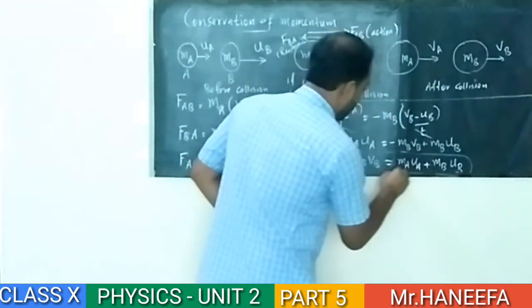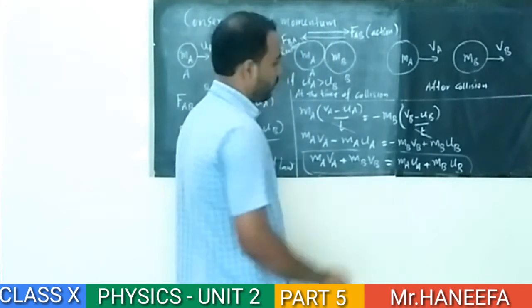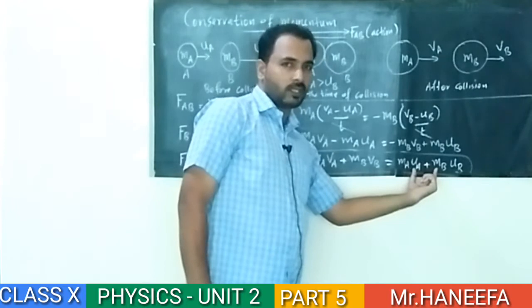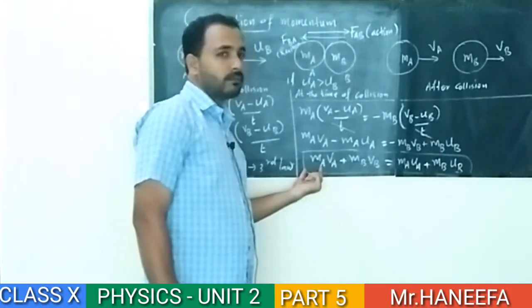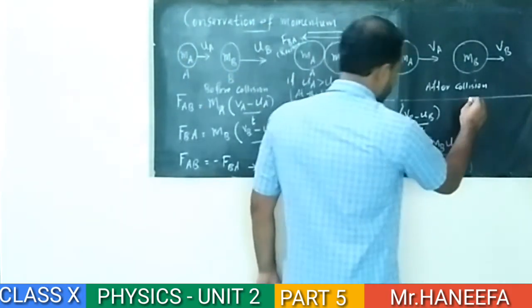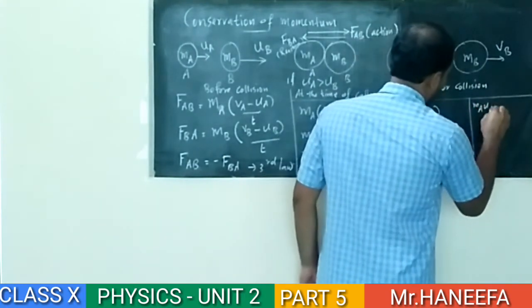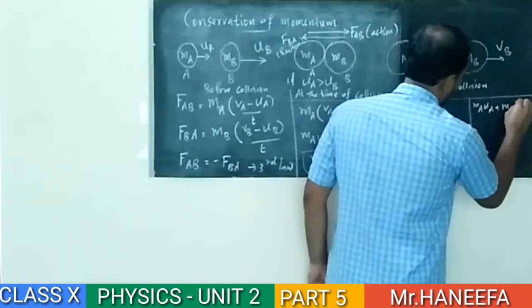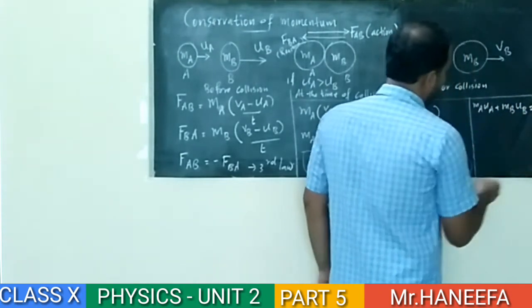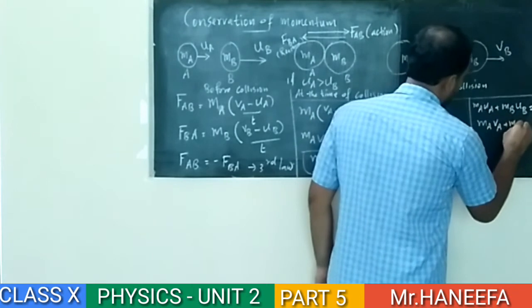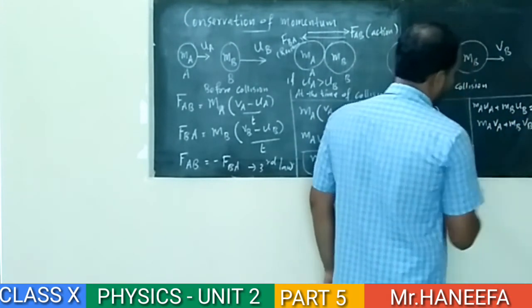This is the equation of the law of conservation of momentum: total momentum before collision is equal to total momentum after collision. So we can write ma ua plus mb ub equal to ma va plus mb vb.